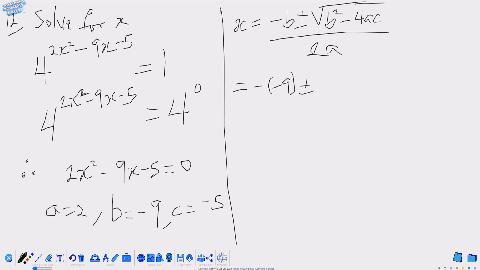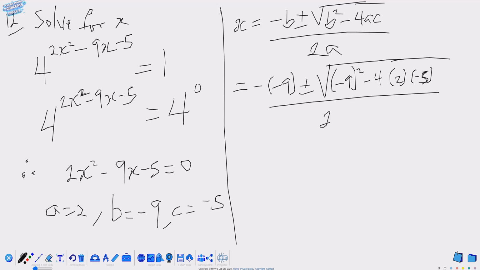We'll input the values now: minus of minus 9 plus or minus square root of minus 9 all squared, you have to put brackets, minus 4 times 2 times minus 5, all over 2 times 2.